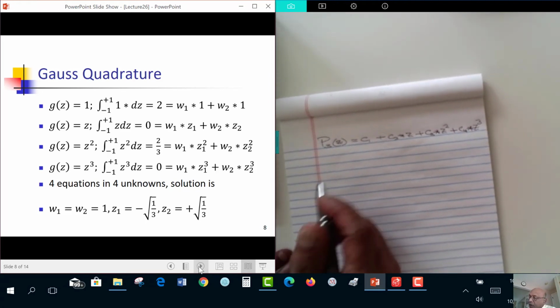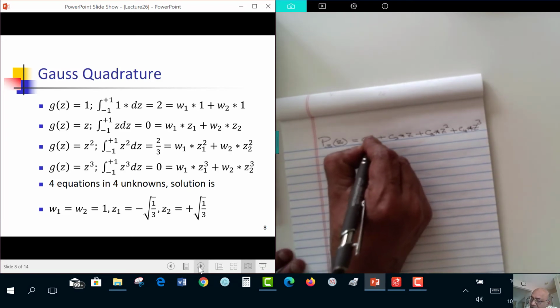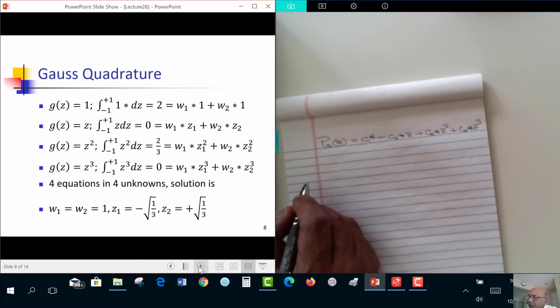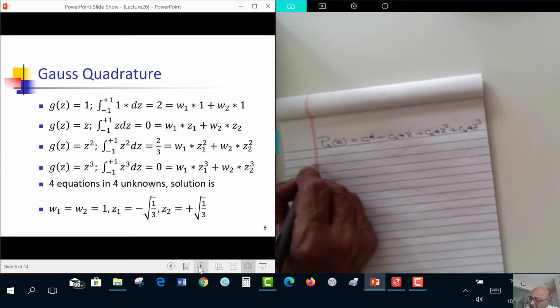And our method should work for any combination of C1, C2, C3, C4. So immaterial what C1 is, we want to get an exact result independently. That's how we are going to set up our 4 equations.